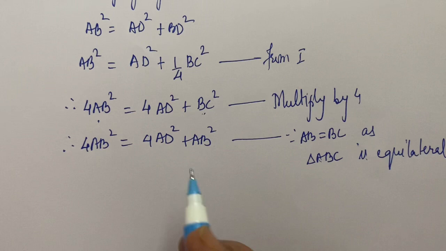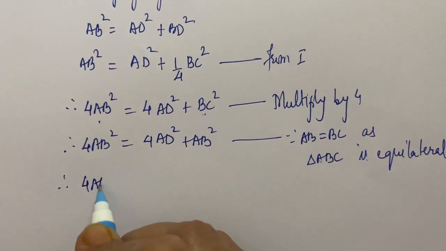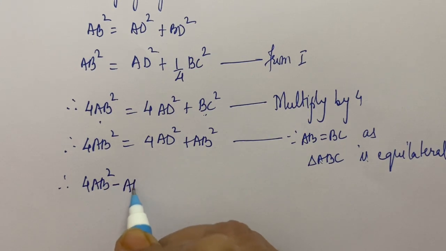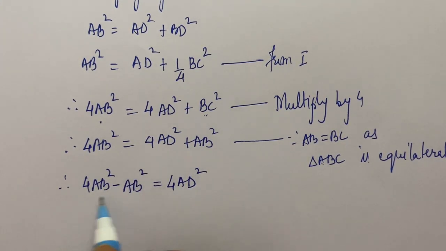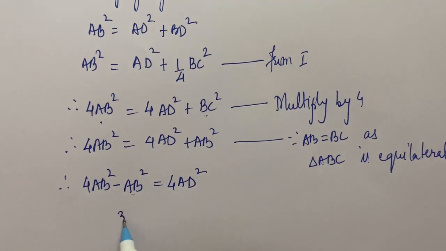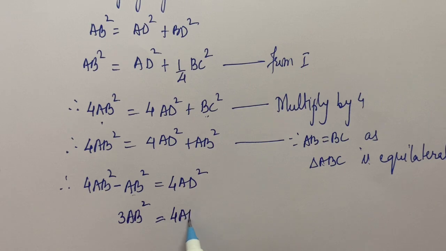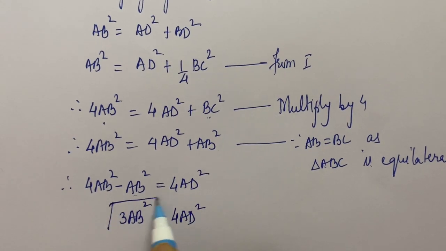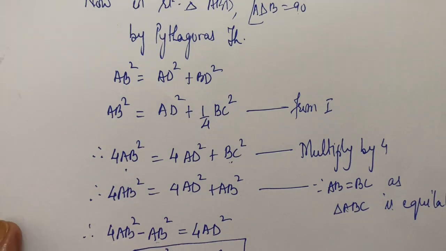Fine. Transfer AB square to the left hand side. So that will become 4 times AB square minus AB square is 4 times AD square. 4 minus 1, that makes 3 times. Thrice AB square is 4 times AD square. Hence we have proved the required condition.